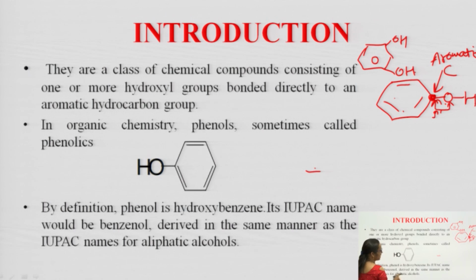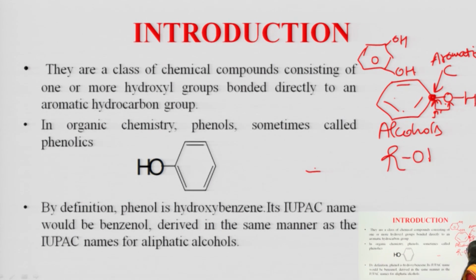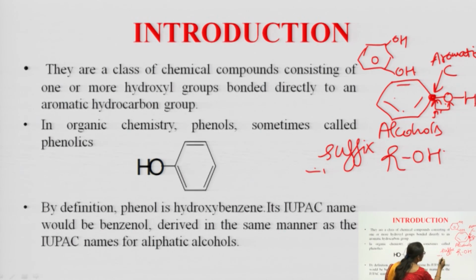I am giving you a very short idea of nomenclature, which will be discussed later in this lecture. How can you name this? You know alcohols, primary alcohols, are ROH, where R is any aliphatic or aromatic group. You always add a suffix, -ol, which is taken from phenol.